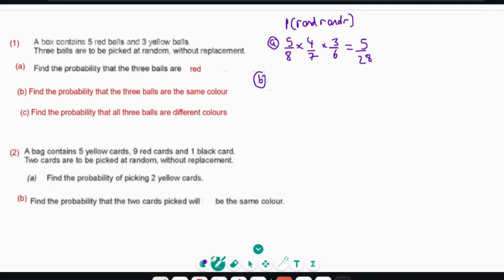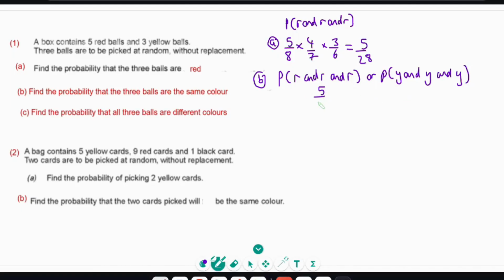Find the probability that the 3 balls are the same colour. So you want the probability of red and red and red, or yellow and yellow and yellow.